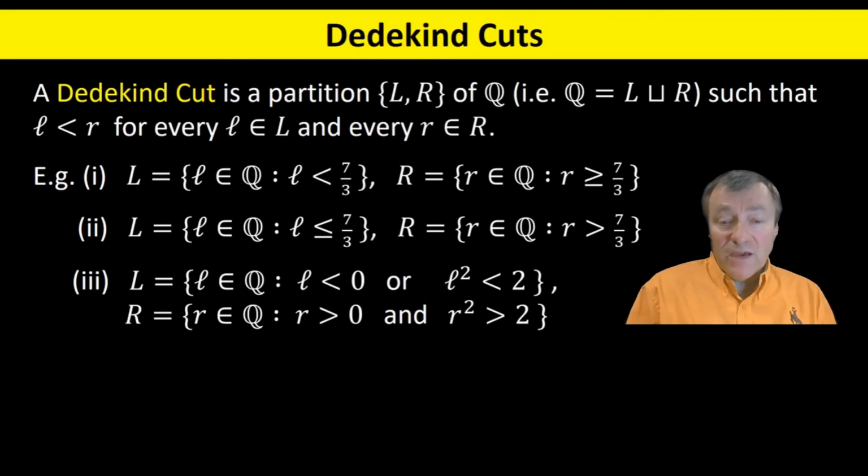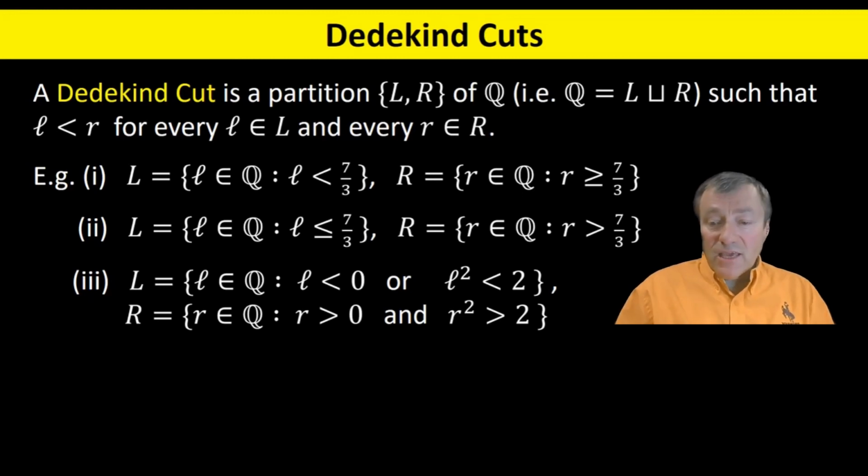But I want to define it in a way that only calls upon properties and an understanding of the rationals. Because the point of this is to use the rationals to construct the reals. If you don't know what square root of 2 is, how are you going to define this partition? And this is a way to do it without using a number that hasn't been invented yet. So by using Dedekind cuts, you arrive at a representation of the real numbers.